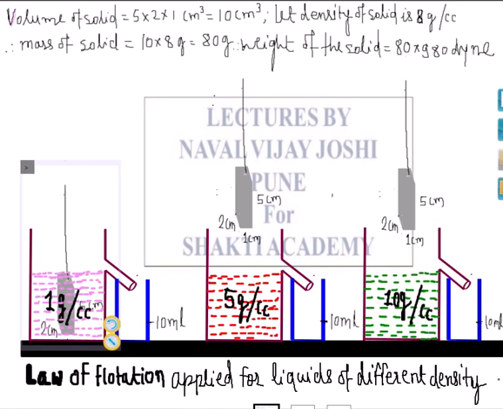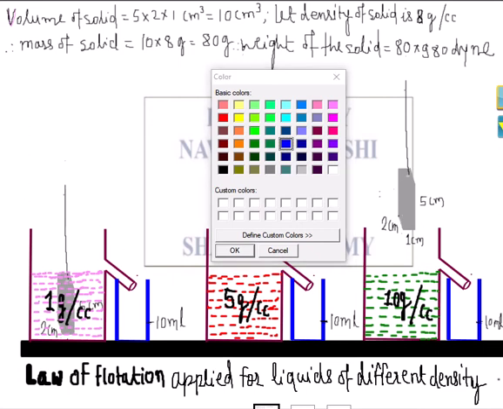Now the density of the liquid is in front of you, that is 1 gram per cc, that is cm cube. Now why this solid got immersed inside this liquid, we would see it.